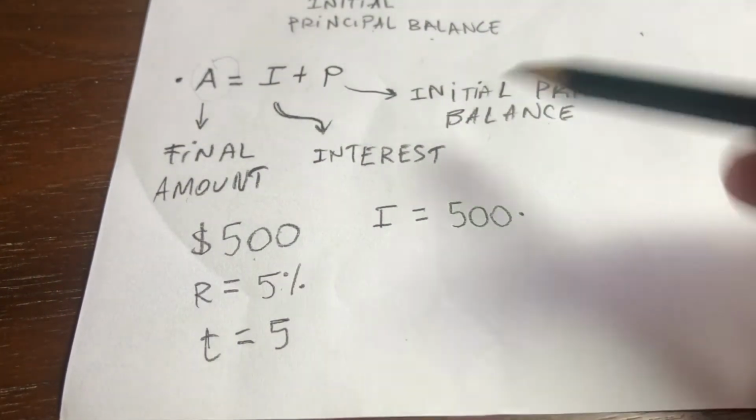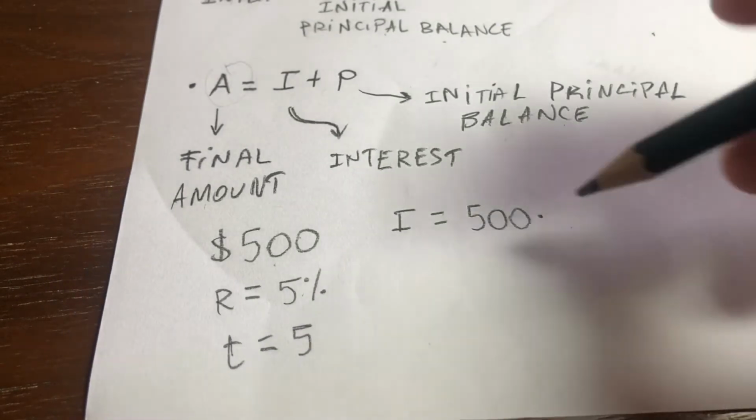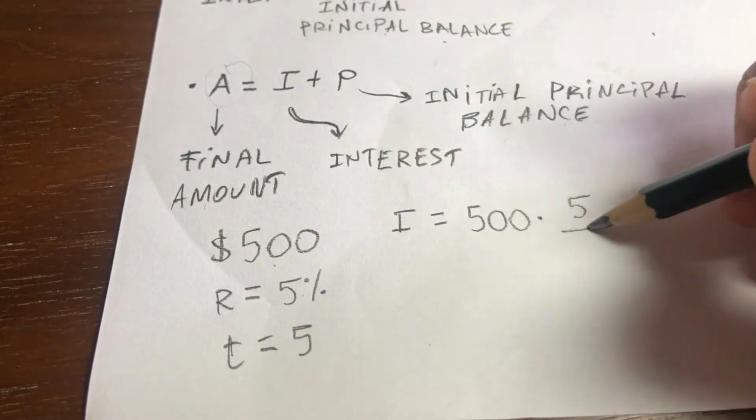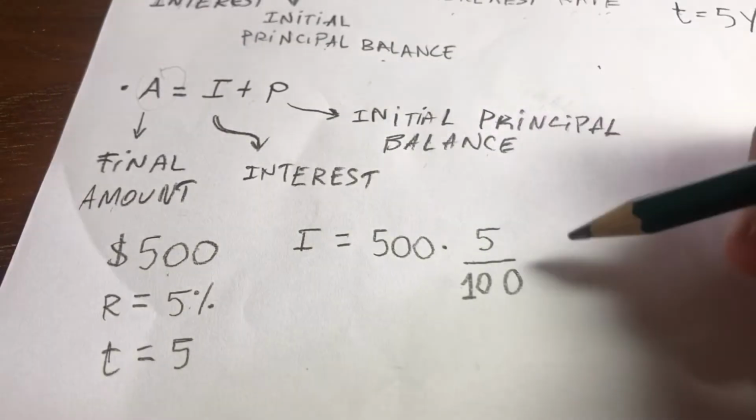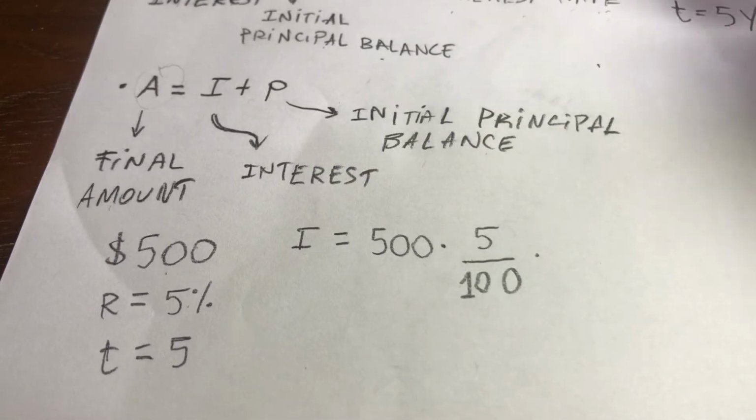Remember, 5%. I'm not going to write 5 here. I'm going to write 5 divided by 100. That is the definition of 5% we have just seen.